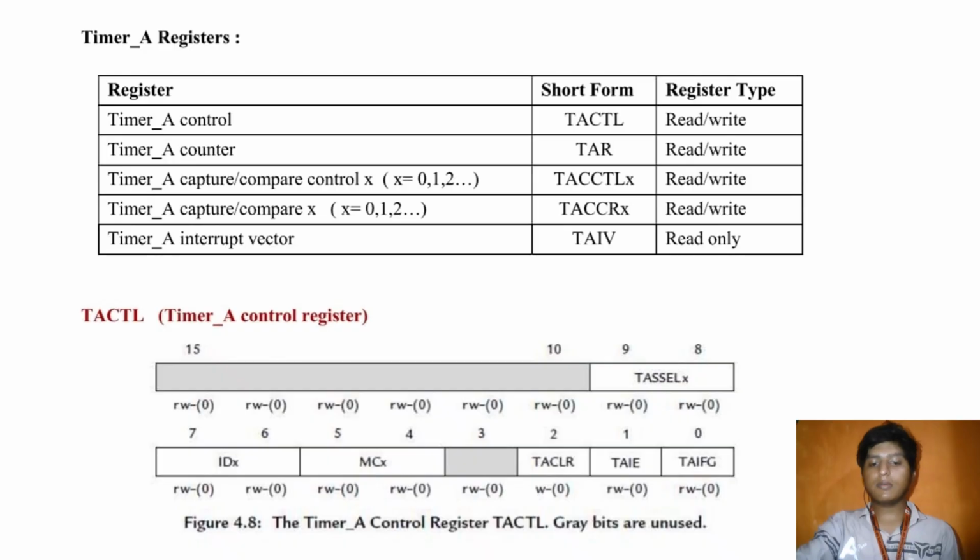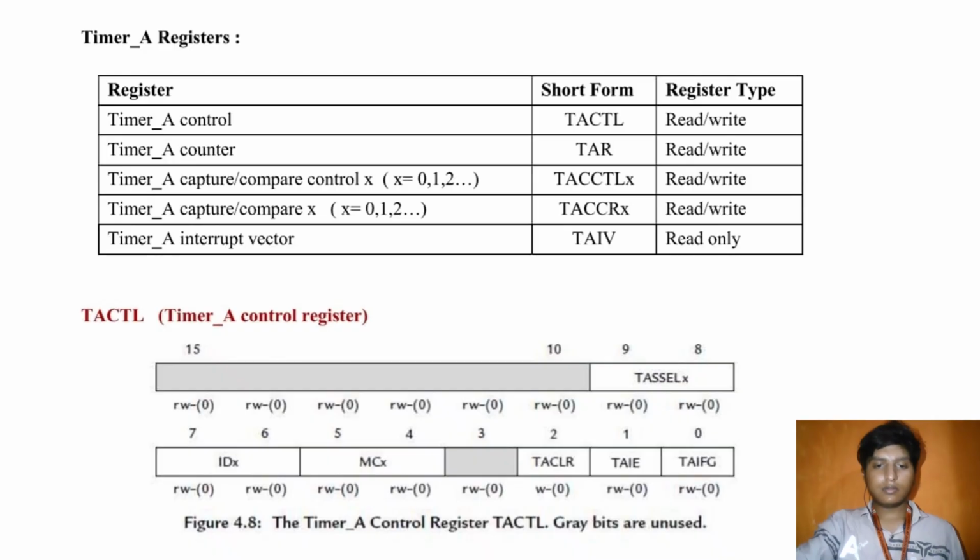TAR means timer A counter register, and this is nothing but storing the current timer value, 0 to 65535, and we can do read and write operations in this module.